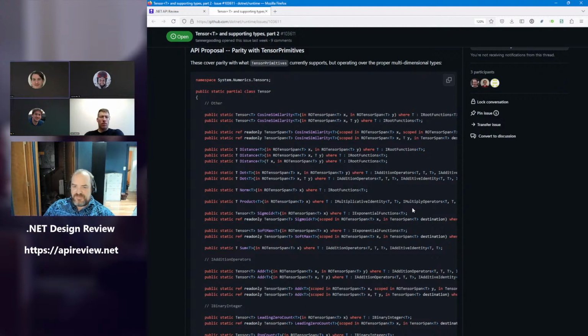That is the only way that you can have a multidimensional span that is also allocation free. They are read-only structs, so there's no concerns about implicit copies happening. And the in just makes it so that users can continue accessing the API without having to consider the fact that it's a large struct. They just continue passing in the tensor span as they normally would, and everything just works.